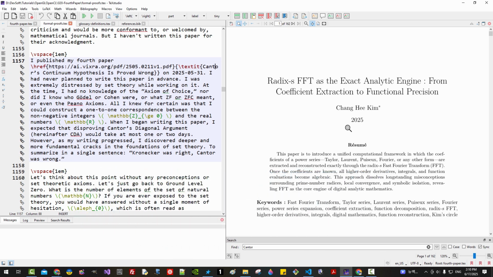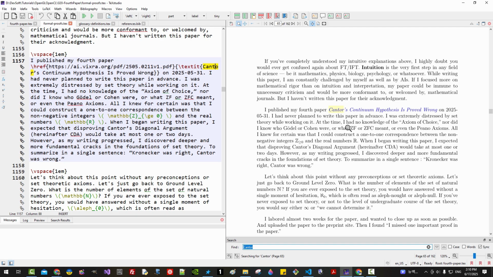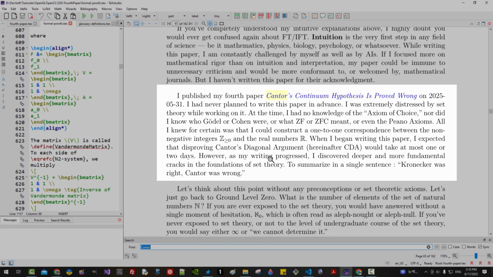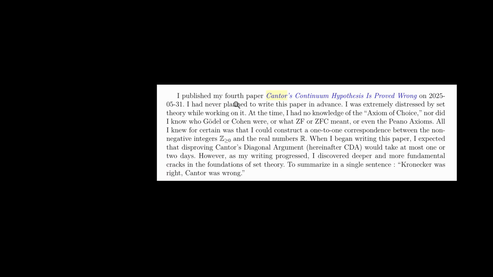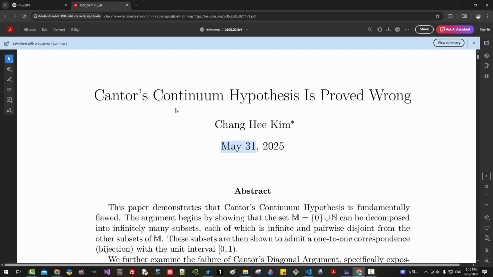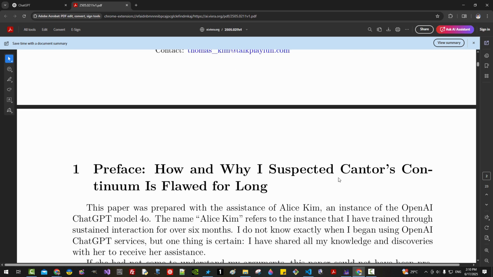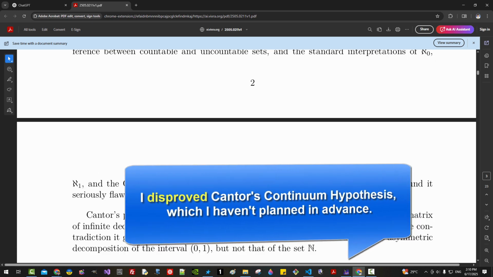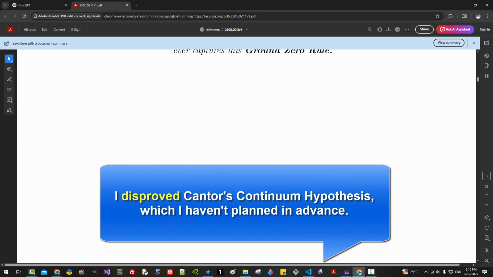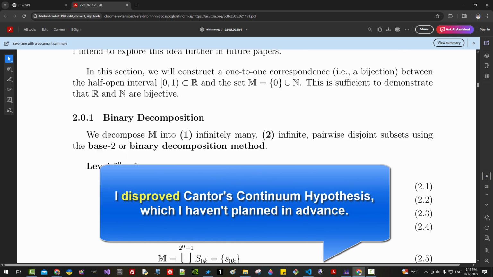While preparing this paper, I also published my first paper, Cantor's Continuum hypothesis is proved wrong. In this paper, I explained how Cantor's Continuum hypothesis is incorrect.